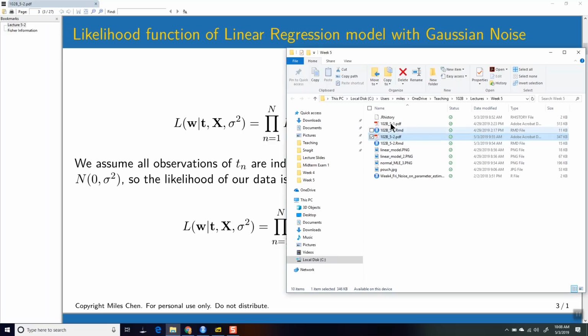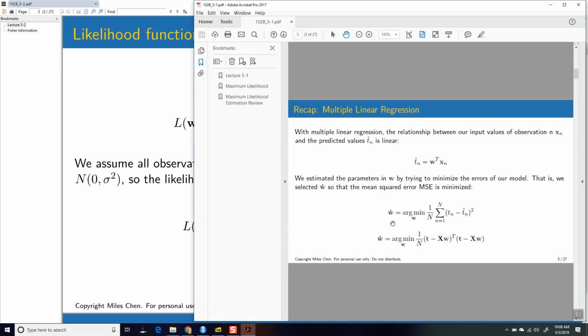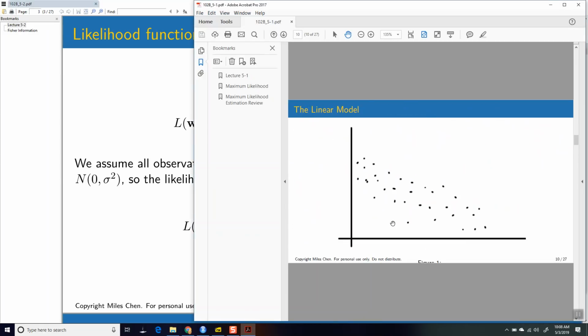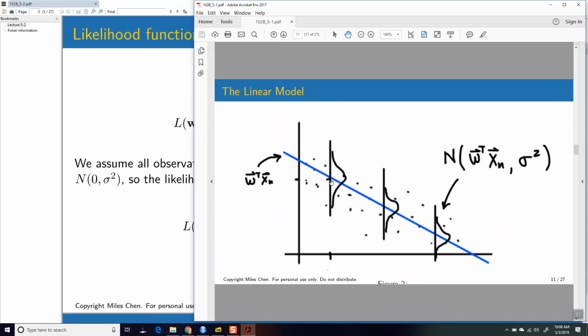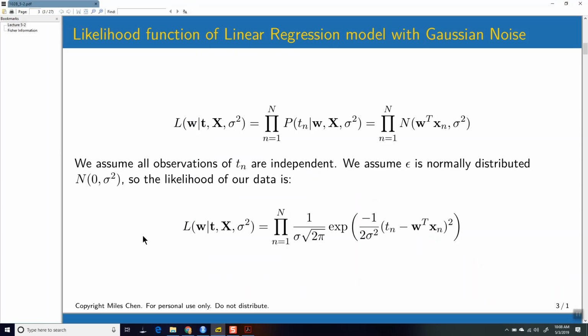And I think I had a picture of it back here where it looks like this. This is kind of the true model in blue, and at each location you can imagine just some kind of normal distribution centered at what the model says it is, and then the values are being drawn from there, okay?